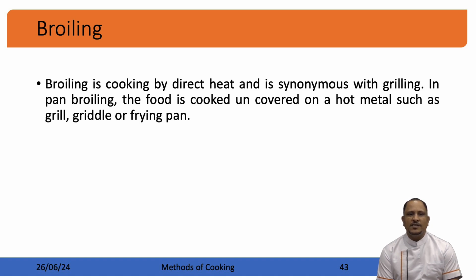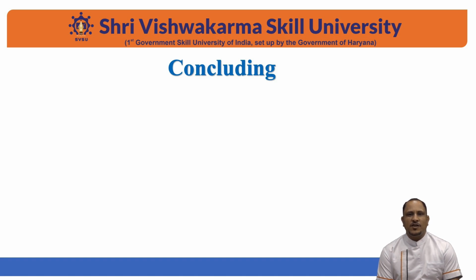So to summarize, in today's session we talked about what is cooking, the transfer of heat and withdrawal of heat, and the various modes of heat transfer, like conduction, convection, radiation, induction. What are the components of food? Proteins, vitamins, carbohydrates, minerals, fats, pigments, flavors and water.